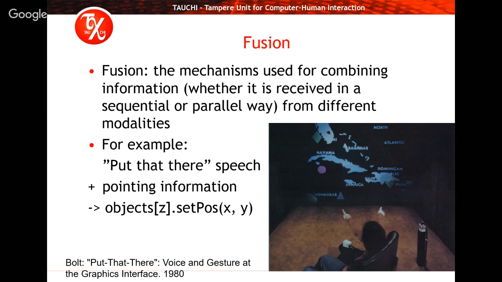Somewhere inside the system there is some sort of command or logical message, which here is presented as something that looks like code: object C, set position X, Y. Part of this comes from the speech, the fact that it is moving something, and some comes from the pointing, basically the object identity and the position.